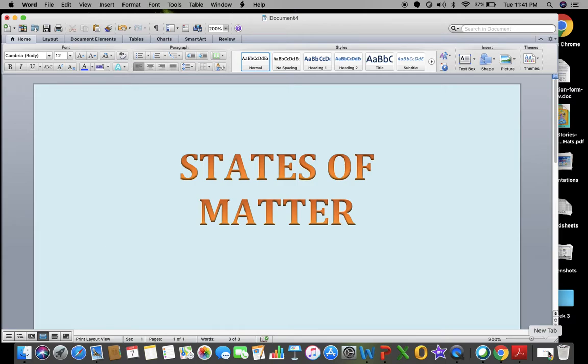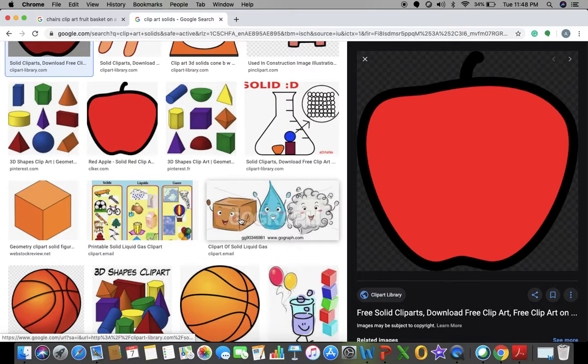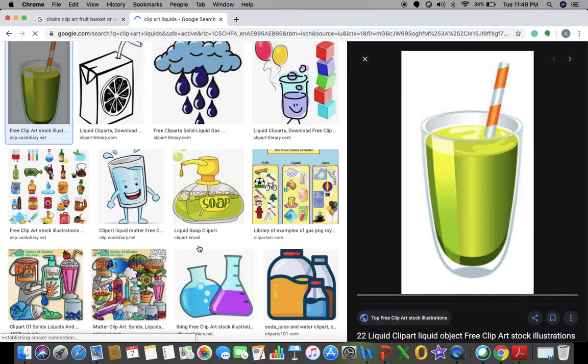Okay, now let's have a look at some examples. Solids are like tables, chairs, people, cubes, and so on. Liquids are like water, milk, juice, and so on.